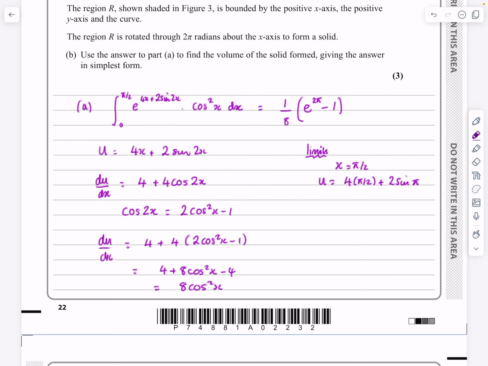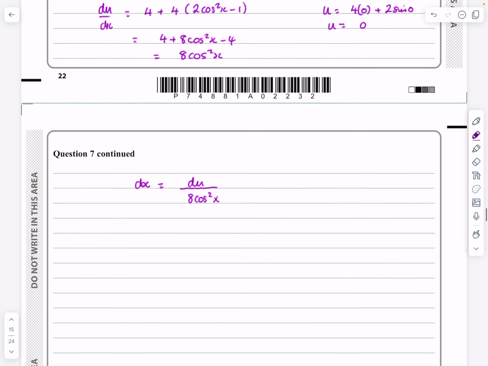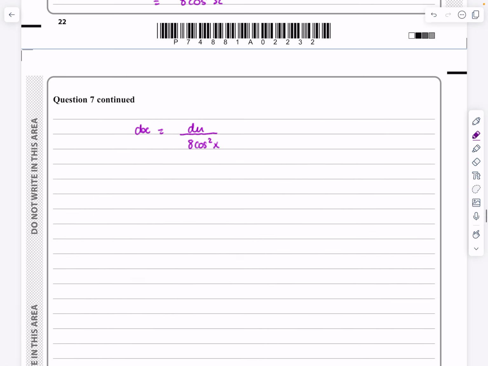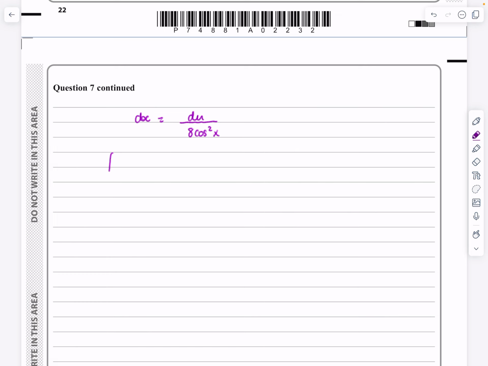That all works out to be 2 pi. Brilliant. And then for x equals 0, u will be 4 lots of 0 plus 2 sine 0. And again, that's just going to work out to be equal to 0. So I've got my limits now. I'm working my way through the function that I've got to do. So let's see what we were trying to get.